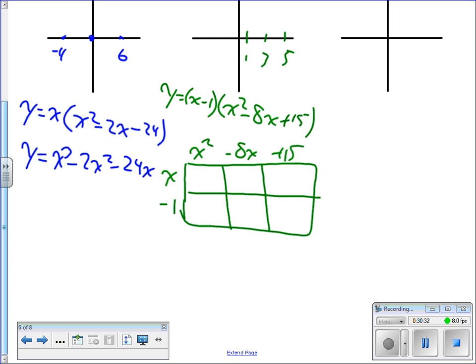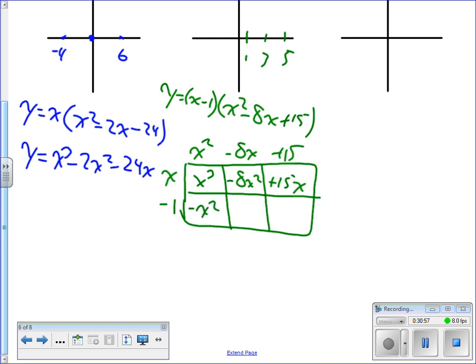X times all of these, x cubed, negative 8x squared, plus 15x. I already just put an x on everything, increase the power by 1, throw an x on the end. Multiplying by negative 1, that's even easier. Just change the sign of everything.